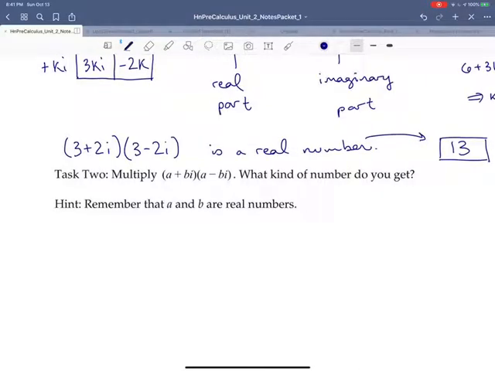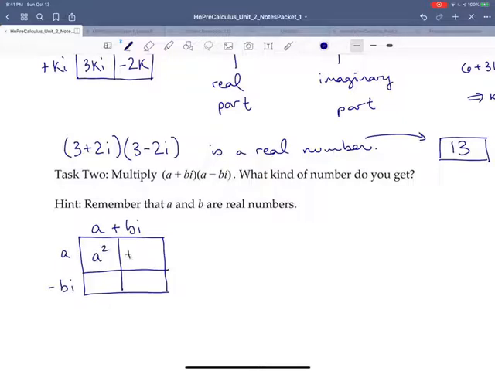So next, let's multiply a plus bi by a minus bi and see what kind of number we get. Remember, a and b are real numbers. So we're going to multiply a plus bi and a minus bi. This gives us a squared, abi, negative abi, and then negative b squared i squared, which is negative b squared multiplied by negative 1.